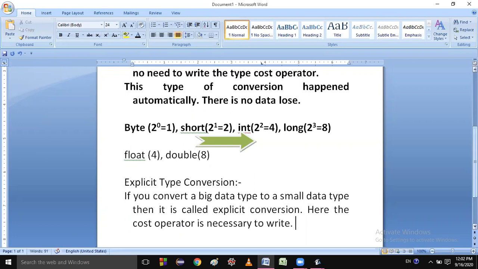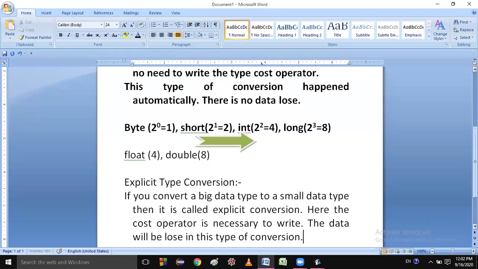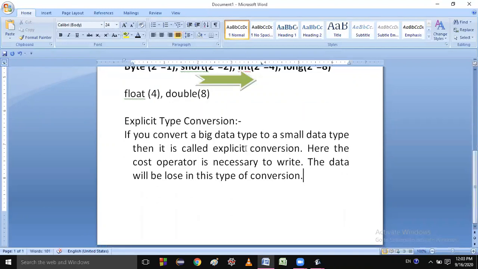Next one is the data will be lost in this type of conversion. Is it clear to you? Yes, sir. So if you convert a big data type to a small data type, then it is called explicit conversion. Here the cast operator is necessary to write. That means you cannot remove the cast operator. Next one, the data will be lost in the type conversion.